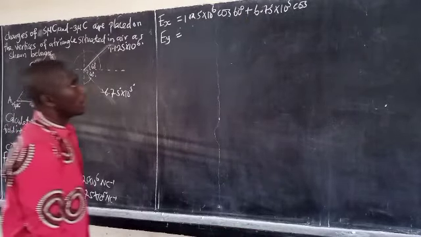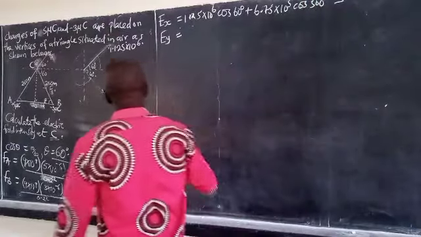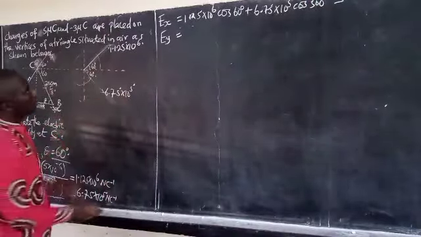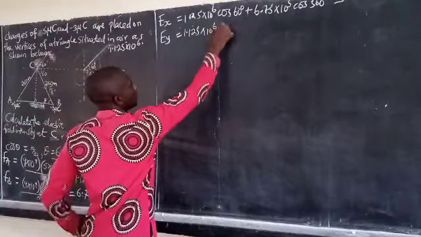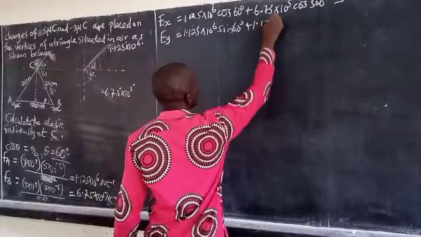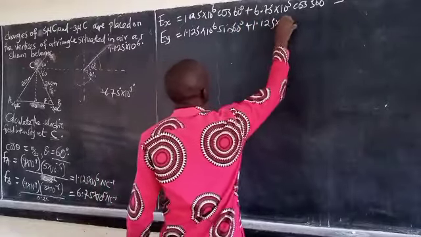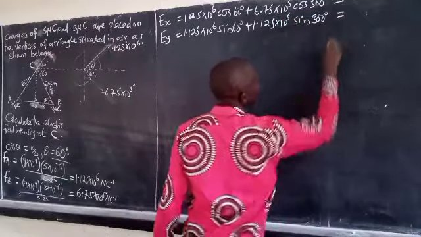And the one in Y would be 1.125 exponent 6 sin 60 degrees plus 1.125 exponent 5 sin 300 degrees.